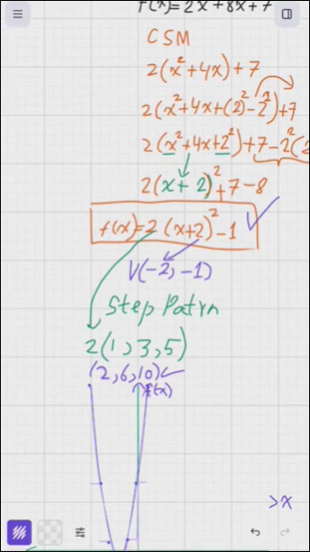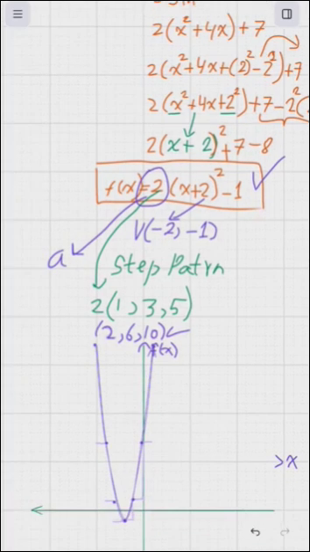And don't forget that this value of a, the leading coefficient, is a scaling factor of the step pattern. So 1, 3, 5 will always be multiplied by the scaling factor. So in this way you should be able to sketch your parabola by getting the equation into vertex form. Thanks for watching.